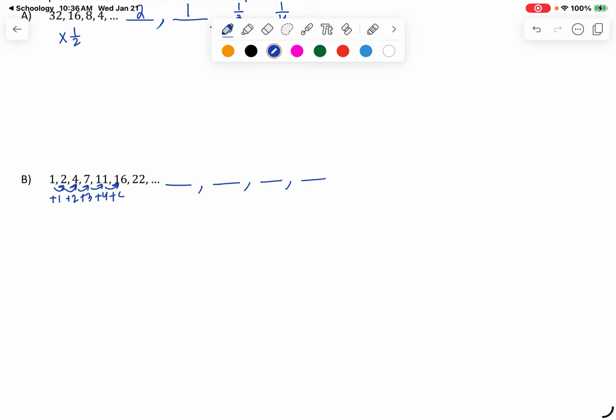So I got my pattern here. Add 5, add 6. So I'm going to add 7, which is 29. Add 8, which is 37. Add 9, which is 46. And then add 10, which is 56.